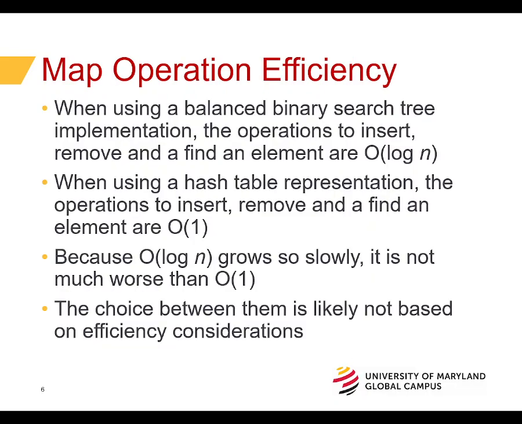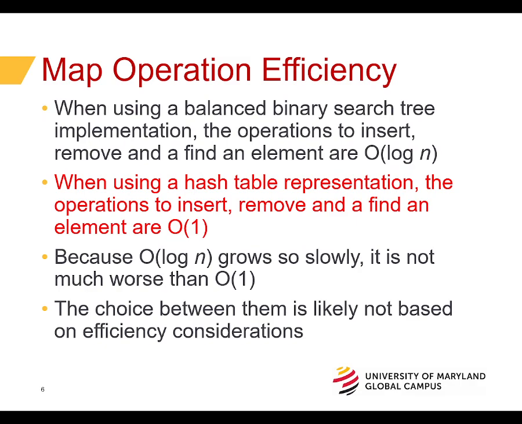We conclude by comparing the efficiency of the various implementations and what considerations should affect which ones to choose. When using a balanced binary search tree implementation, regardless of the specific type of tree, the operations to insert, remove, and find an element are logarithmic.